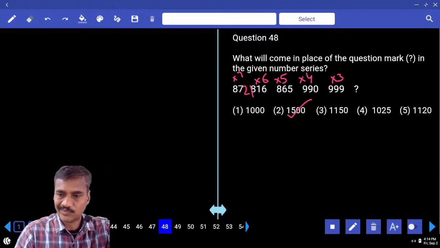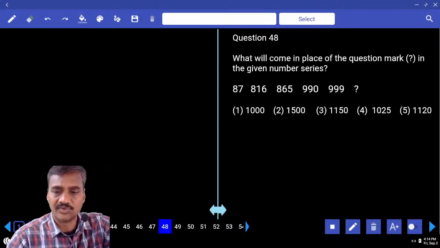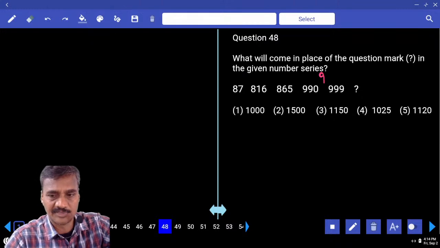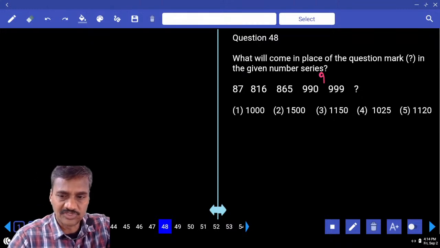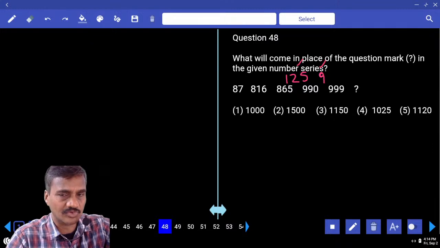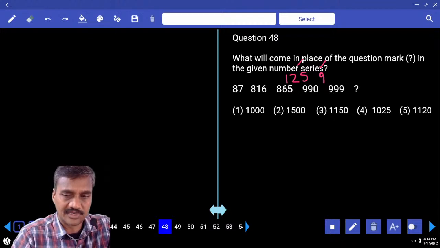And 48. Now this 48, 8 is 7, and next one 816. 999 means the difference is just 9. 865 and 990, the difference is 125. Now this is 3 square, 5 cube. Next one, 816 and 865, it is 49.